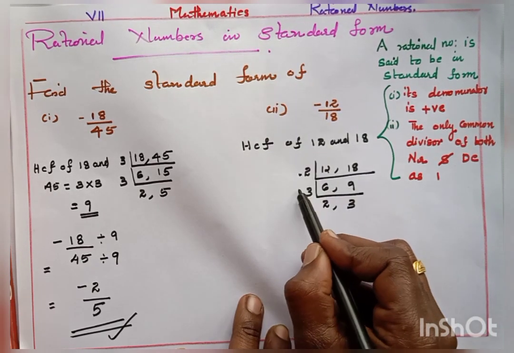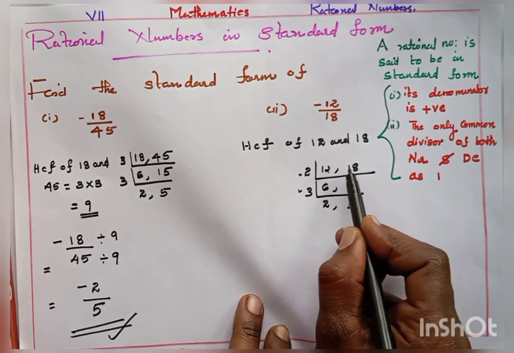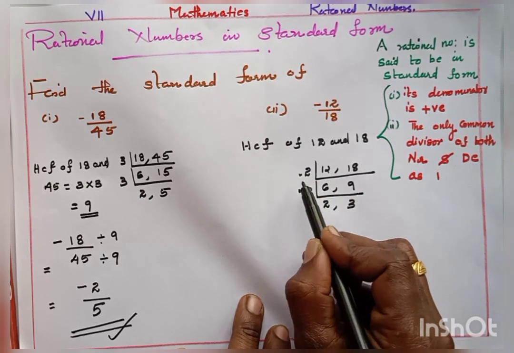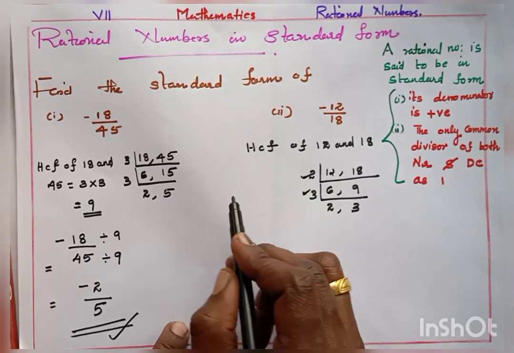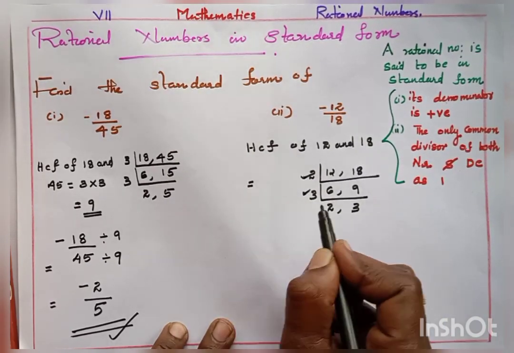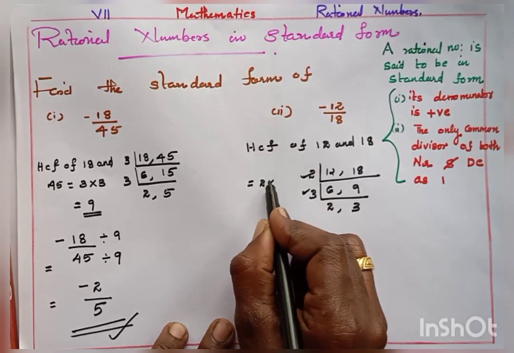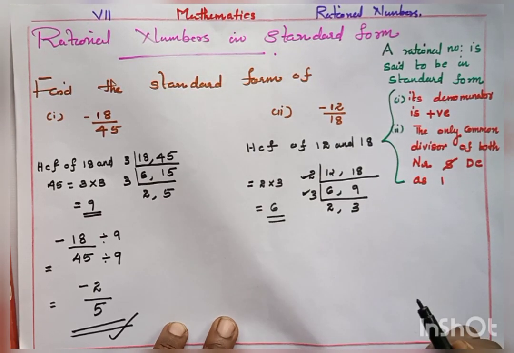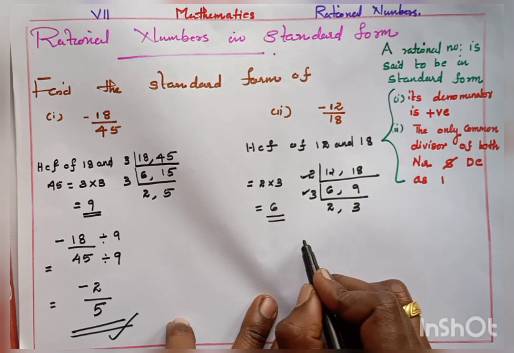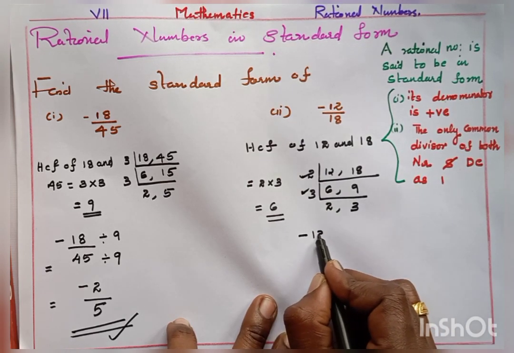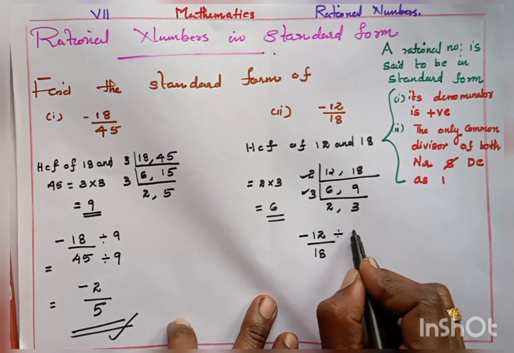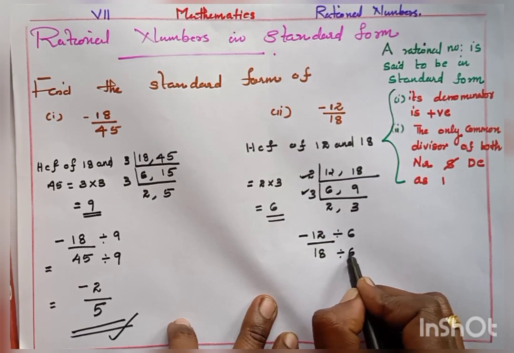So the common factors dividing both numerator and denominator are only 2 and 3. So we can take the HCF of 12 and 18 as 2 into 3, which gives 6 as the HCF. Then the next step is dividing both numerator and denominator by the HCF 6.